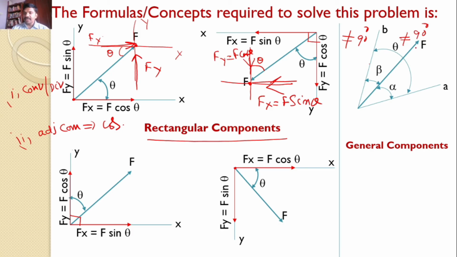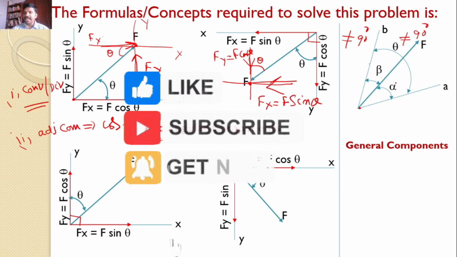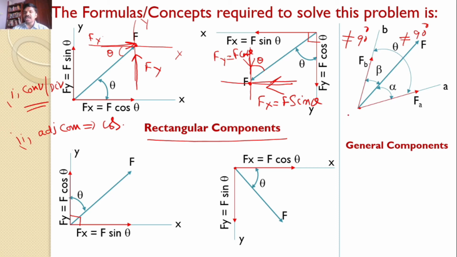Okay, then what is the component of the force? The same concept you can extend, either the convergent or divergent concept. Since as far as this point is concerned, F is divergent, Fa is divergent, Fb is also divergent along the axes A and B. And what is the magnitude of this force Fa? There is a formula.